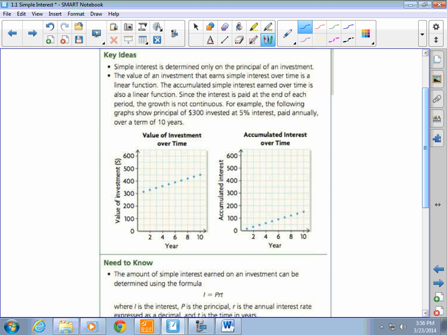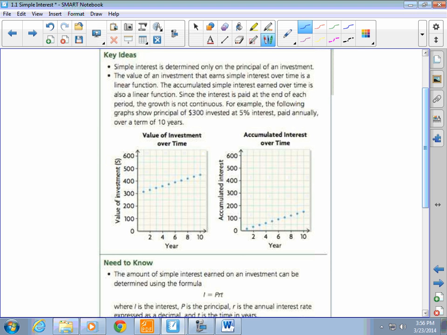Since the interest is paid at the end of each period, the growth is not continuous. For example, the following graph shows a principal of $3,000 invested at 5%, interest paid annually over 10 years. So you start at $300, and every year you're earning another 5% of 300, which would be $15.